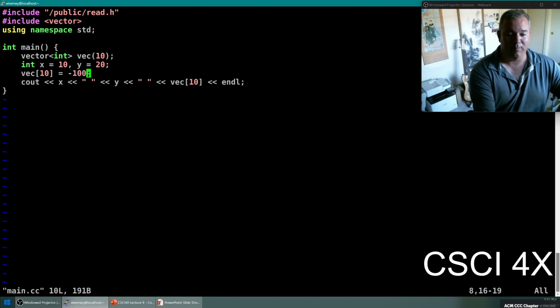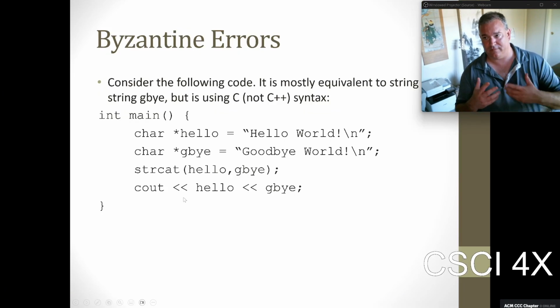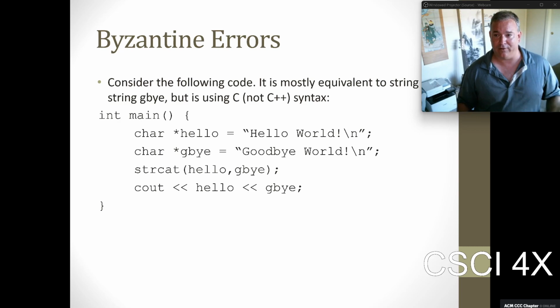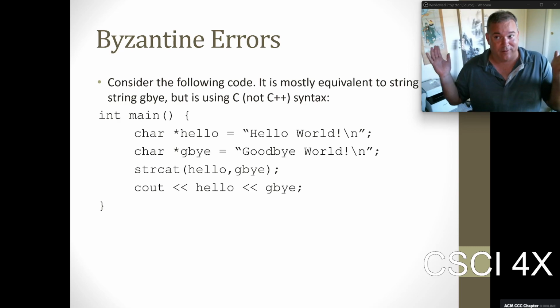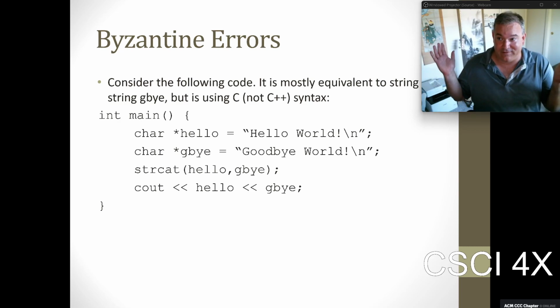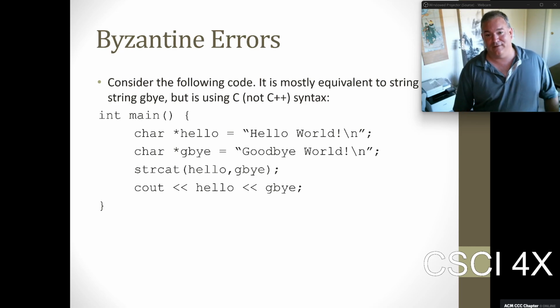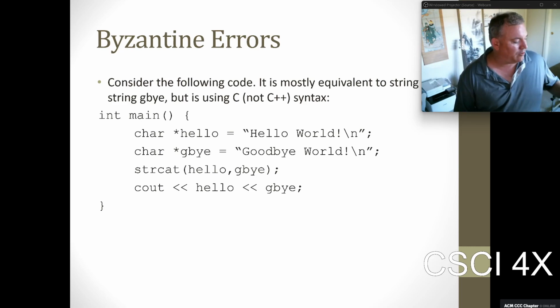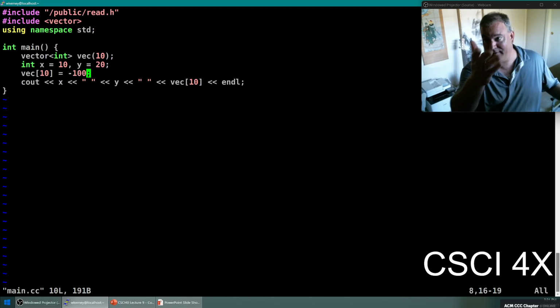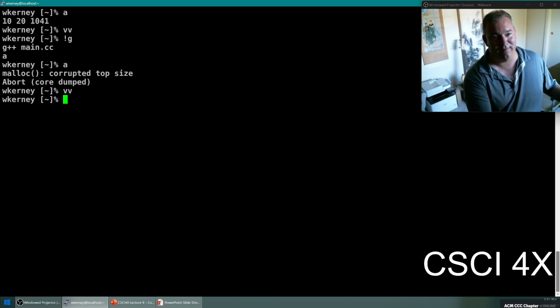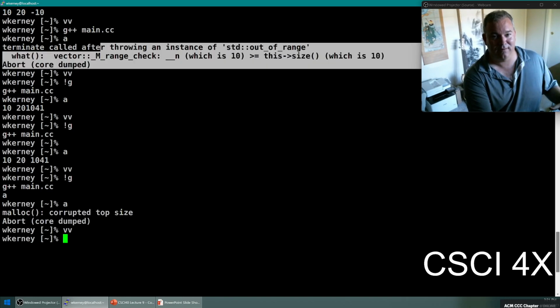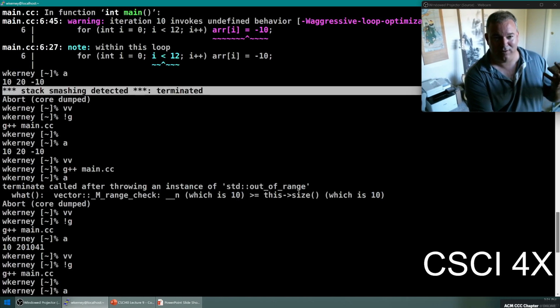Byzantine errors are almost all caused by going outside the boundary and writing to variables that aren't being written to. And then you're like, why did this change? And you have no idea. Fortunately, there are lots of tools these days to help detect it. Like you noticed that we got an error here. Well, if we use .at, stack smashing detected.